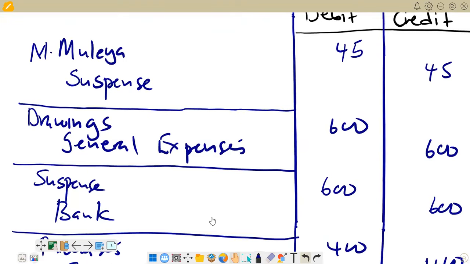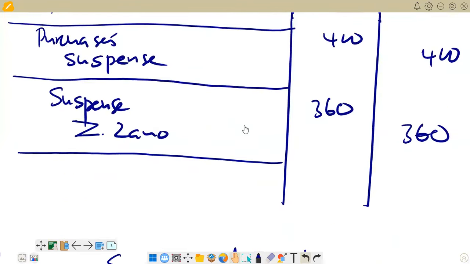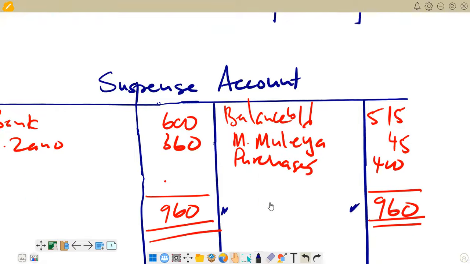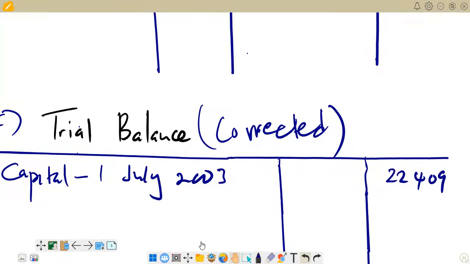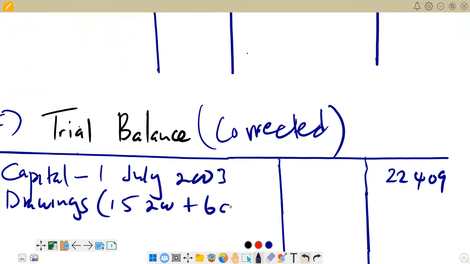So the next one is drawings, and we have 15,200 and add the 600 that has been debited in the journals. Then we get 15,800. It's supposed to be here.